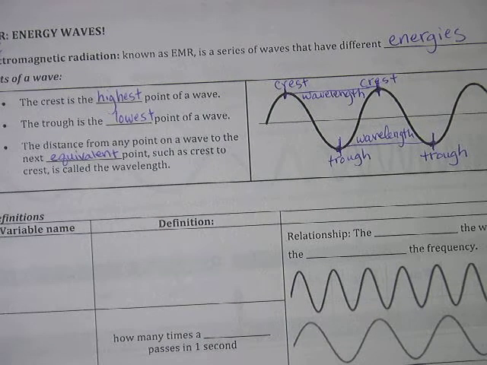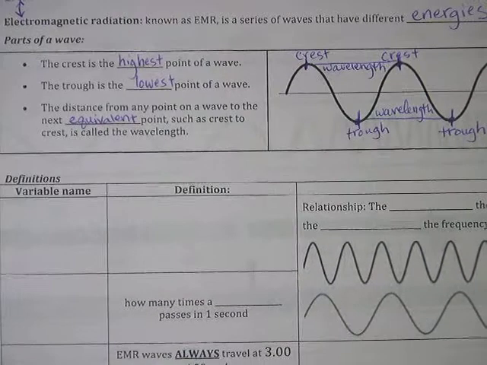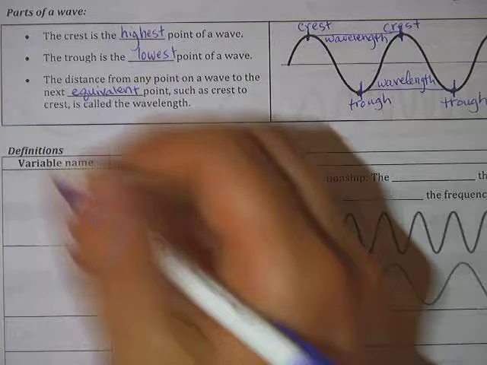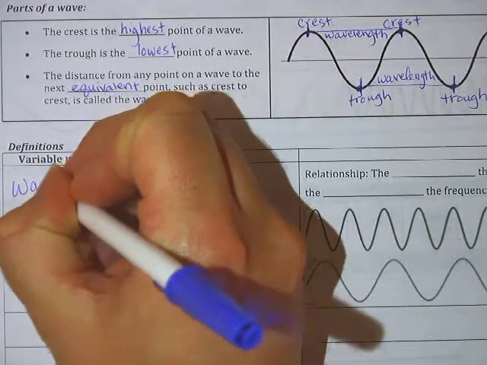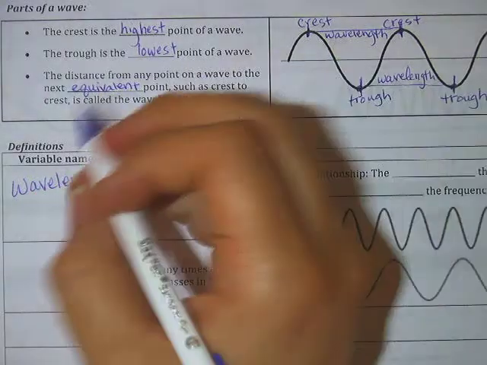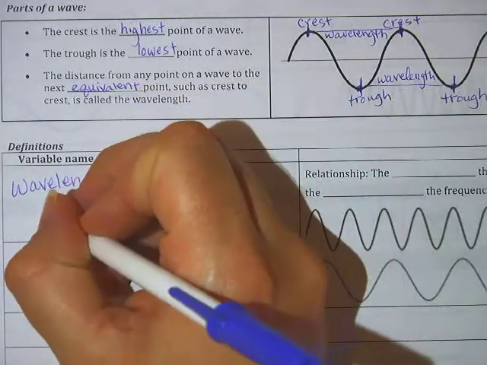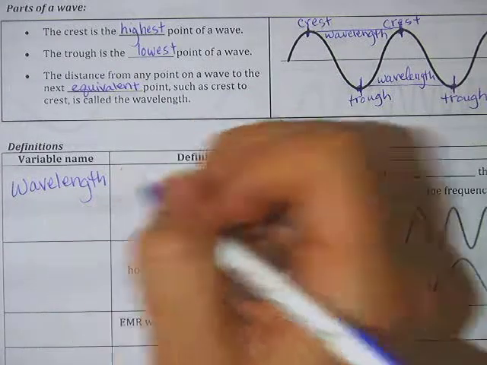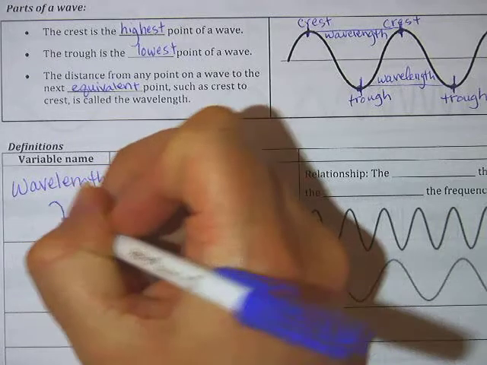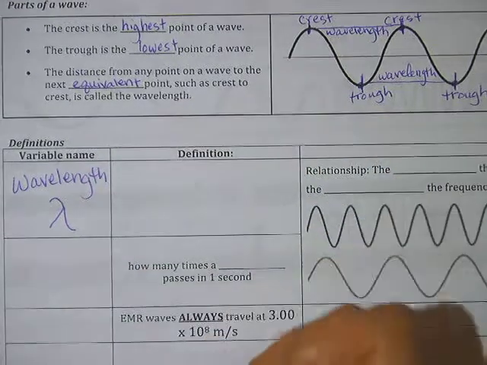This is a part of the unit where we're going to start introducing some math, and that means we have to talk about some variables and definitions of things we're going to do math with. So we'll start off easy with wavelength, which we already just discussed. Eventually, we're going to learn that our variable for wavelength is a Greek letter called lambda. It looks like this.